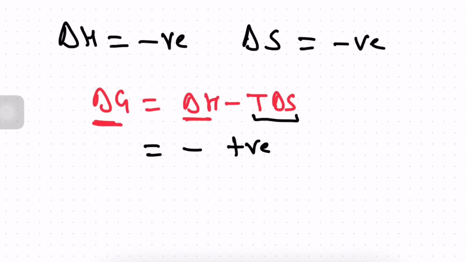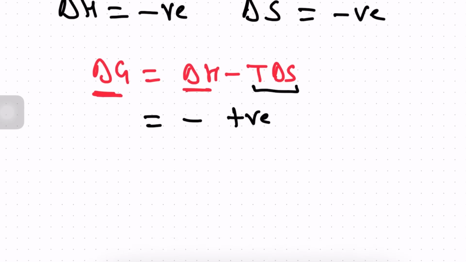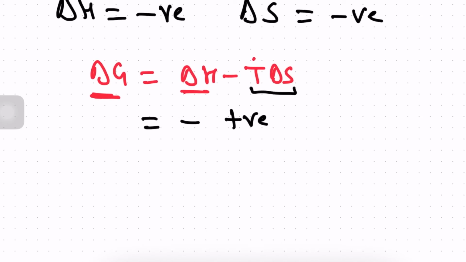Now here it can happen when this T is less. So here you can easily calculate this reaction, if it is going to occur at low temperature.